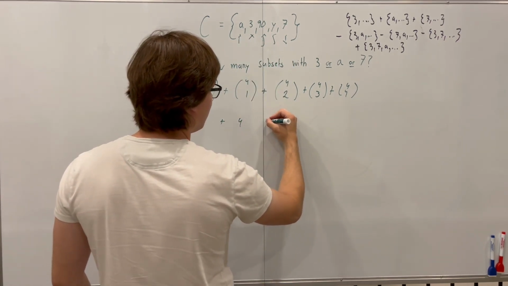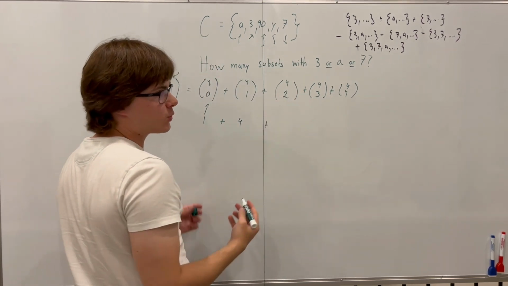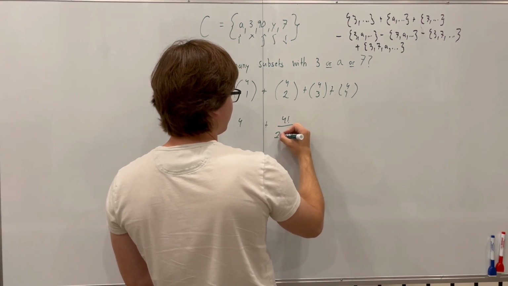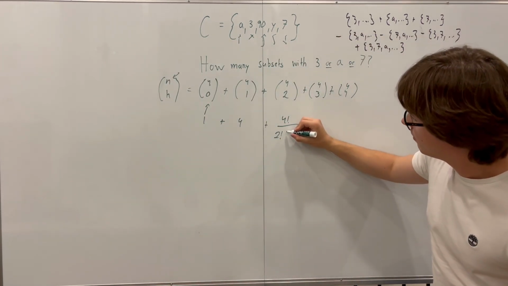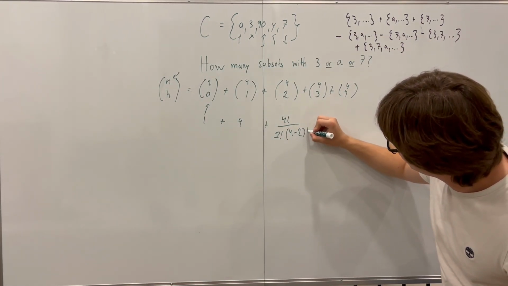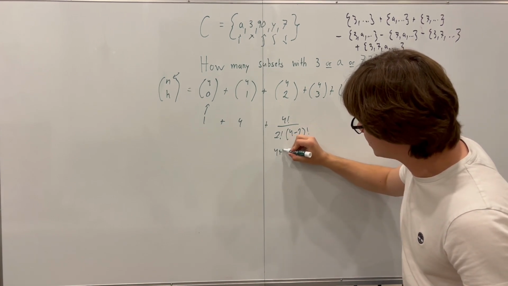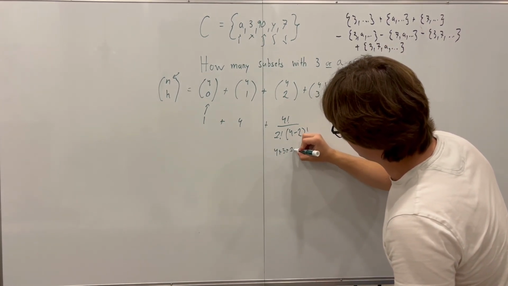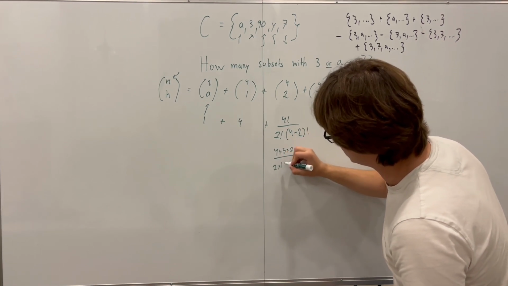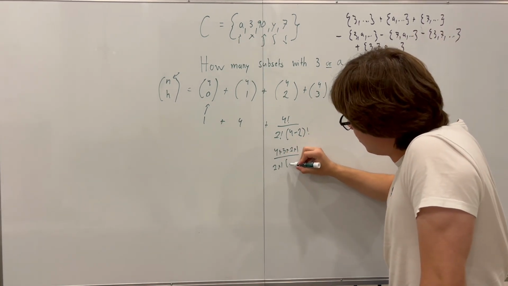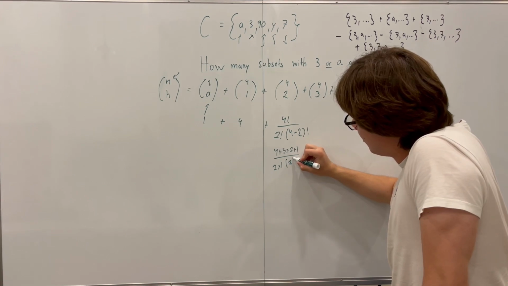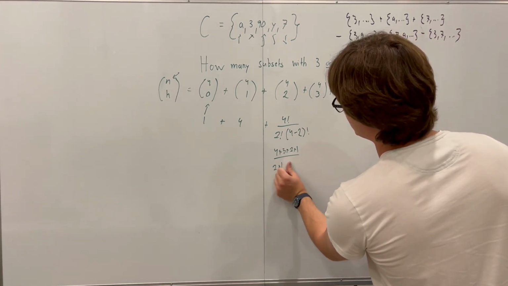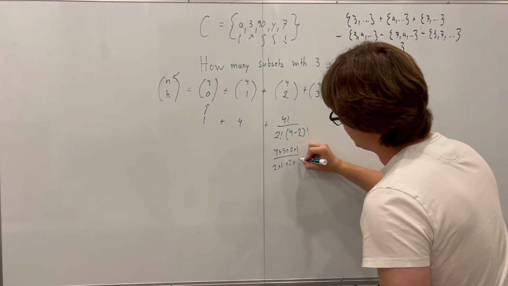So that's going to be 4 plus, well in this case we're going to have to compute this notation, which is going to be 4 factorial over 2 factorial multiplied by 4 minus 2 all factorial, which is just going to be 4 times 3 times 2 times 1 over 2 times 1 multiplied by 2 factorial, because 4 minus 2 is 2, which is just going to end up being times 2 times 1.